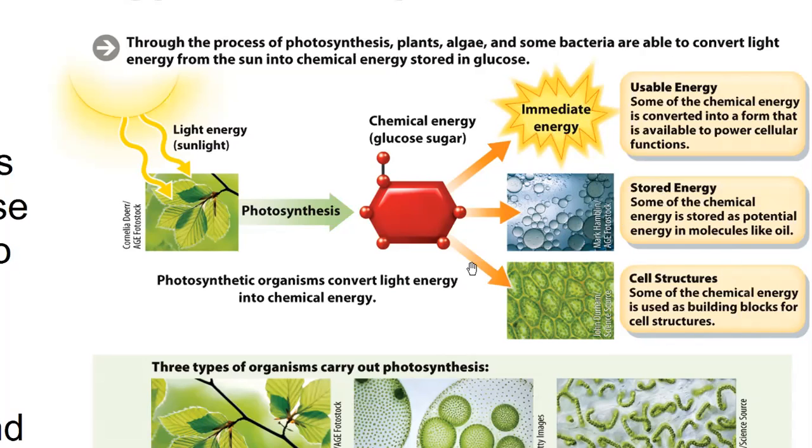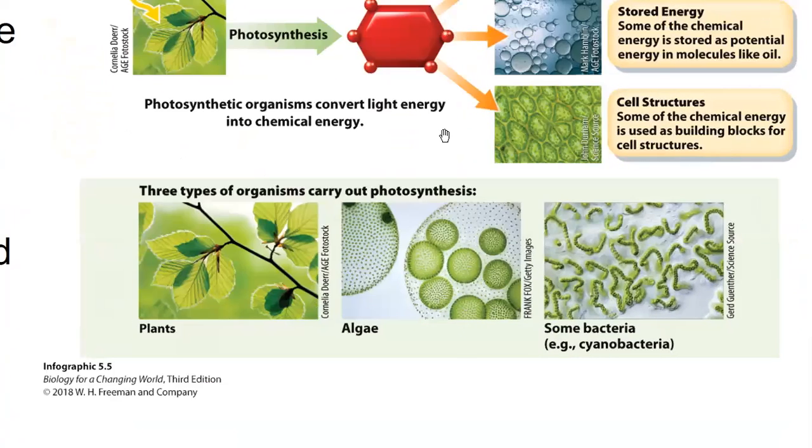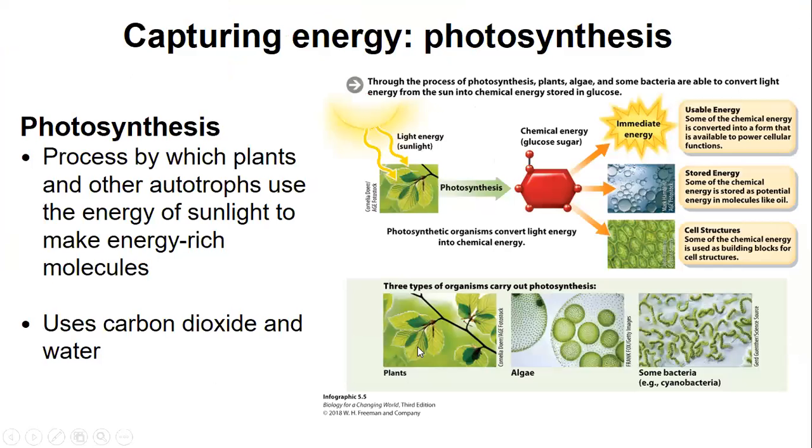You can also have cell structures like the cell walls that can be used as well, and certain various chemical building blocks. There are 3 types of organisms that carry out photosynthesis. They are plants, algae, and some bacteria, for example, cyanobacteria, that conduct photosynthesis.